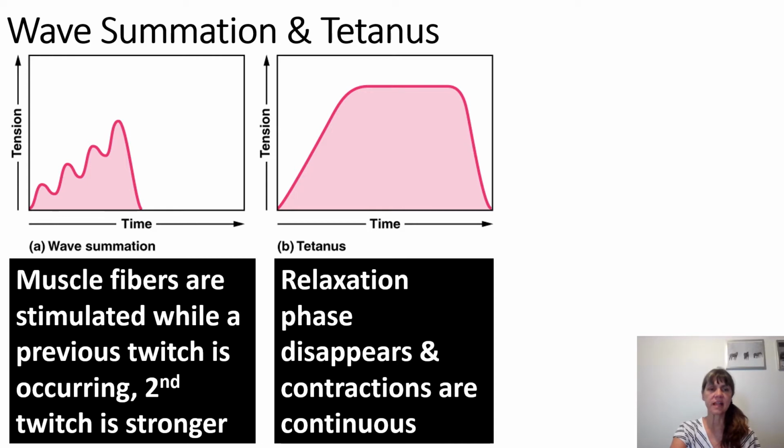There is a slight bit of relaxation, but not complete relaxation in wave summation. With tetanus, we see a complete contraction with no relaxation. So we have continuous contractions and no relaxation with tetanus.